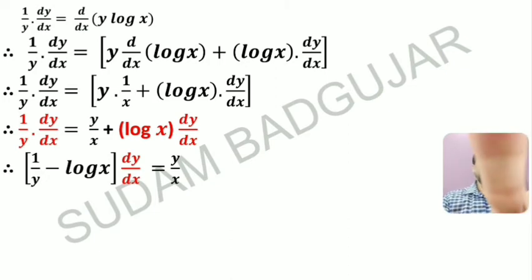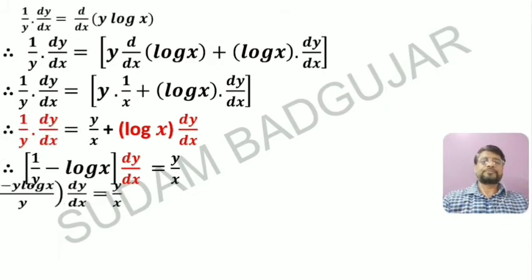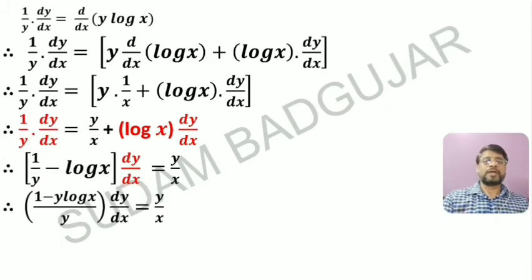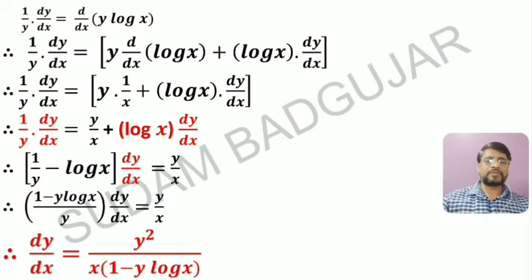Now simplify this by taking LCM and cross multiplication. It becomes (1 minus y log x) upon y into dy by dx is equal to y upon x. So dy by dx becomes y square upon x into (1 minus y log x), and that is the final answer.